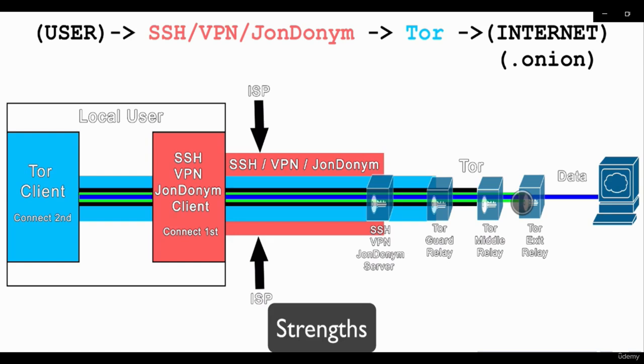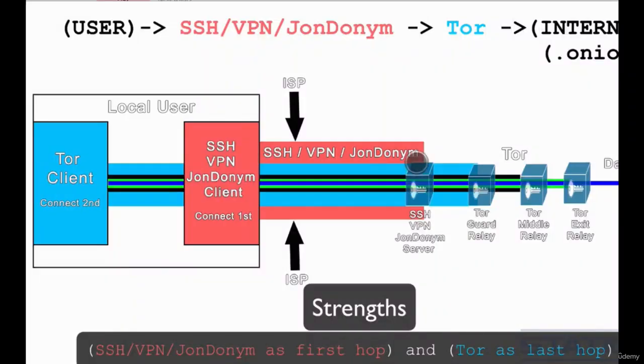SSH, VPN, JonDonym server creates an extra layer for the incoming attack. Then the layer goes next like Tor guard relay and Tor middle relay, and finally the layer is stopped by the Tor exit relay.